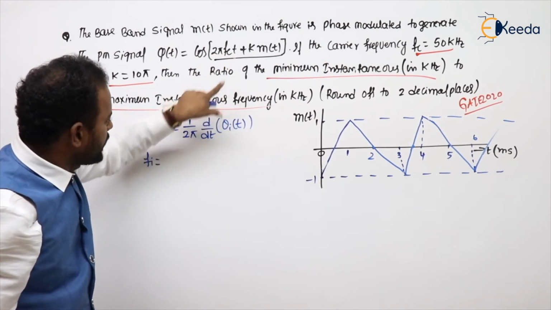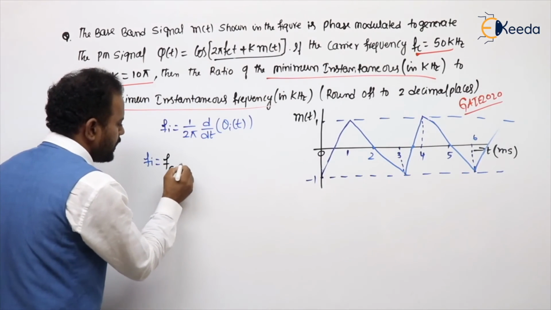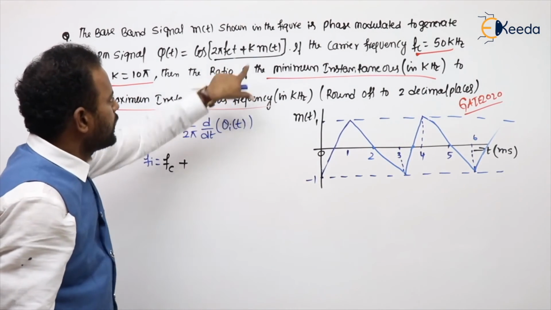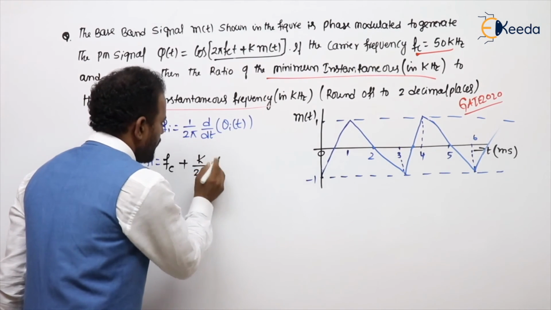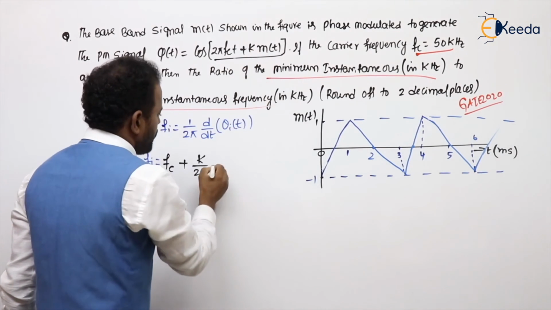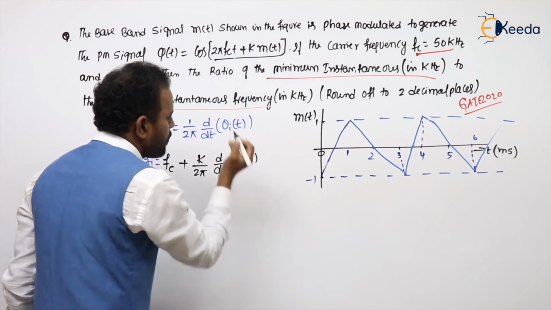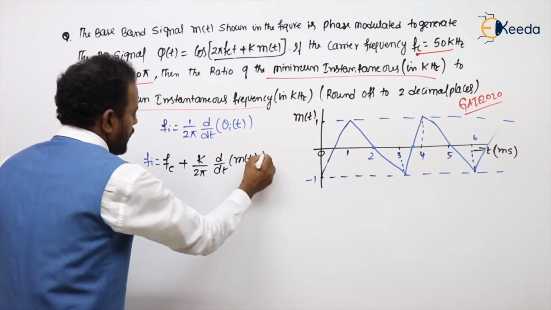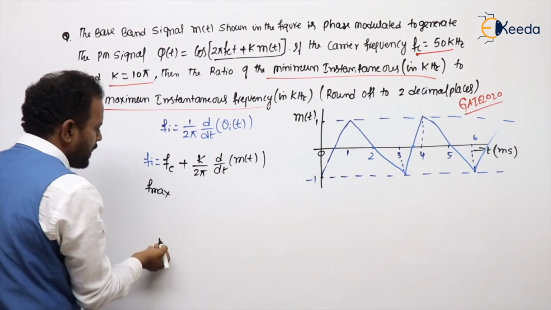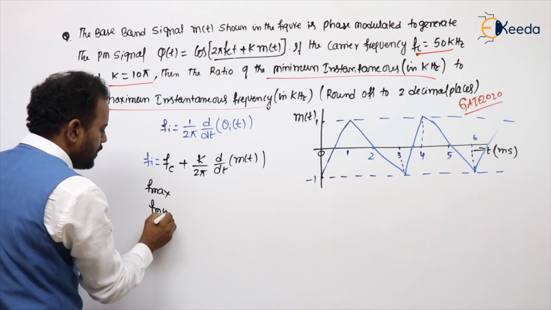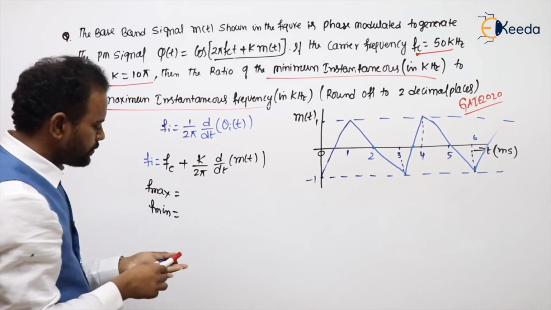Substitute 2 pi fct: 2 pi gone, fc constant outside, d by dt of t is 1, plus k by 2 pi, constants outside, d by dt of m of t. D by dt means what? Differentiation means slope. Fi is maximum whenever the slope is maximum, and minimum whenever the slope is minimum. Let's calculate the max value.